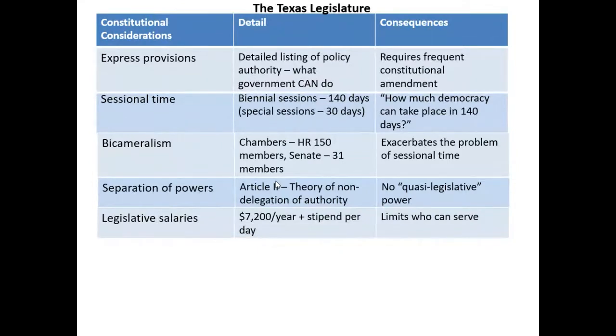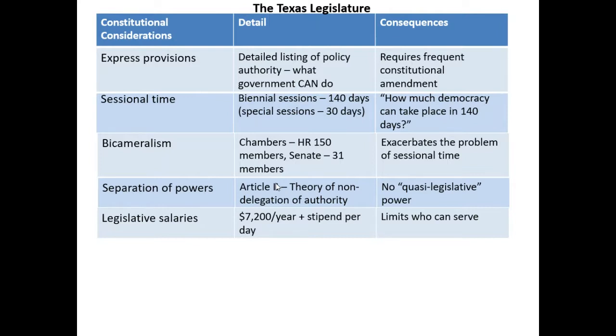All right. I think this is the last one on the list for constitutional considerations. It is. All right, so I should have asked you before I put it up there to guess how much Texas legislators make.